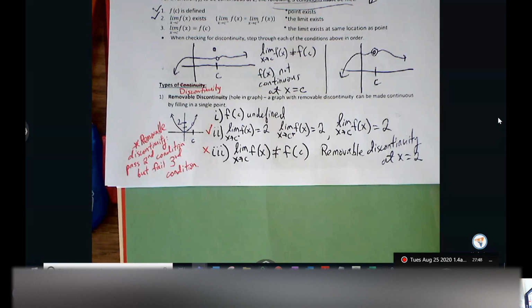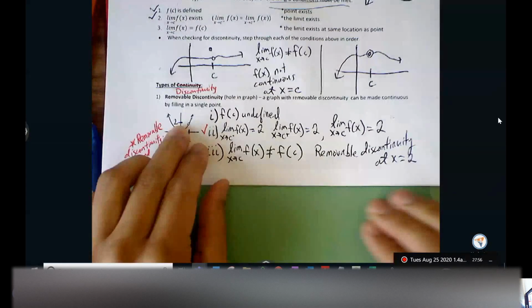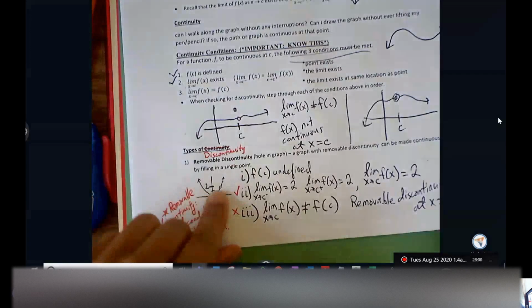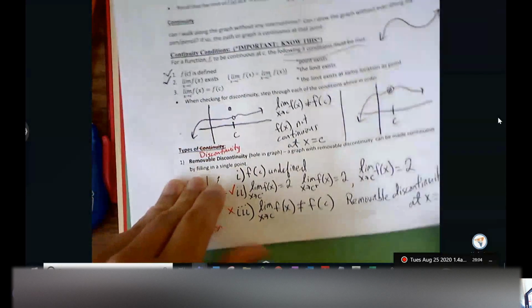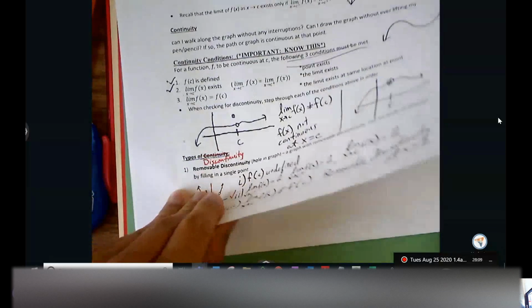Okay, let's move to the next page and talk about the other type of discontinuity. This is what we call non-removable discontinuity, because it's not as easy as just changing one point. We're going to do a lot more if we want to make a non-removable discontinuity a continuous function.